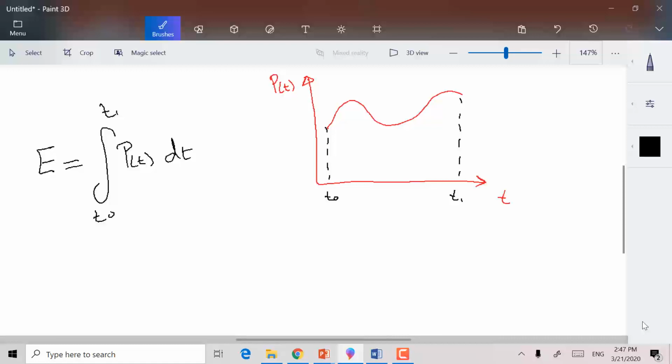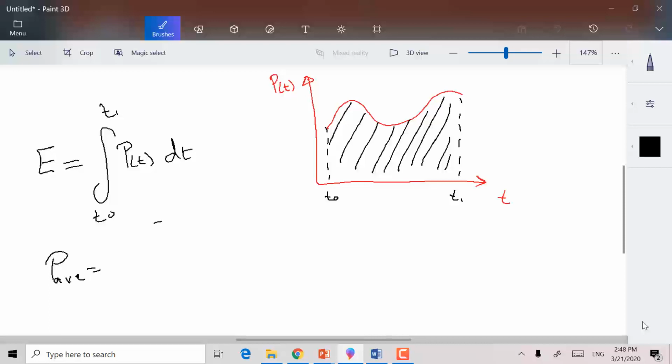And in the diagram, this is computing the area, so the area under the curve would be our energy. The average power in this case will be this energy divided over the time period t1 minus t0.